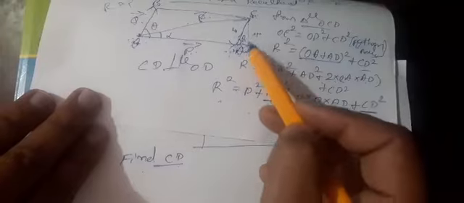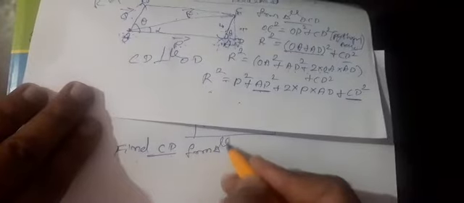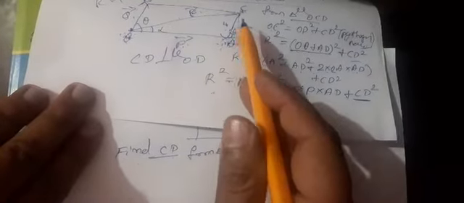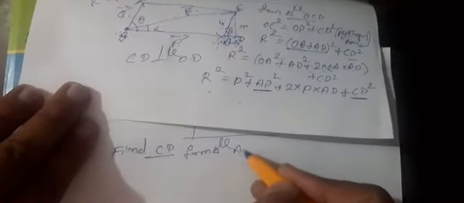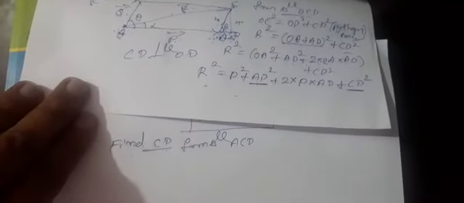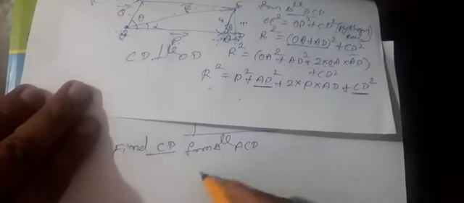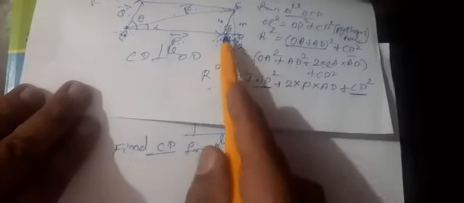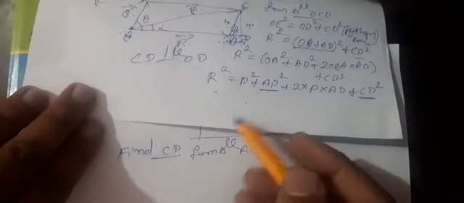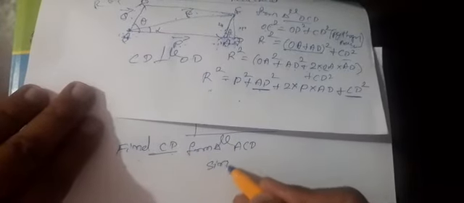From the same triangle ACD, the vertical direction at angle theta means the angle is sin theta.